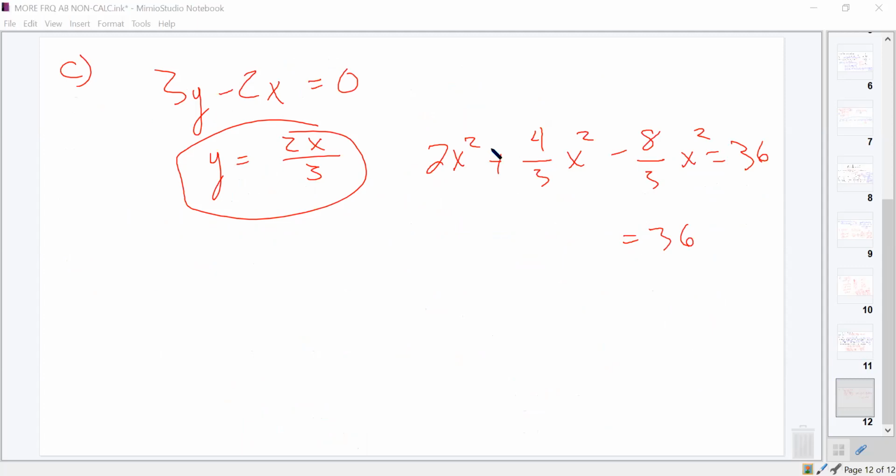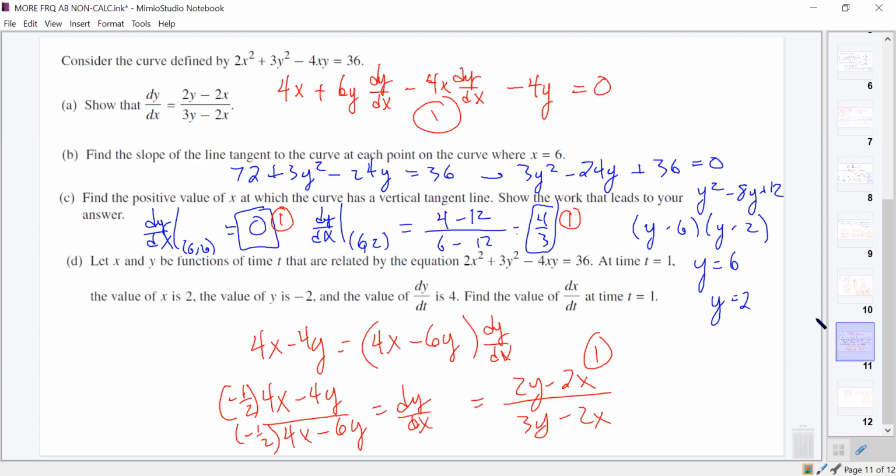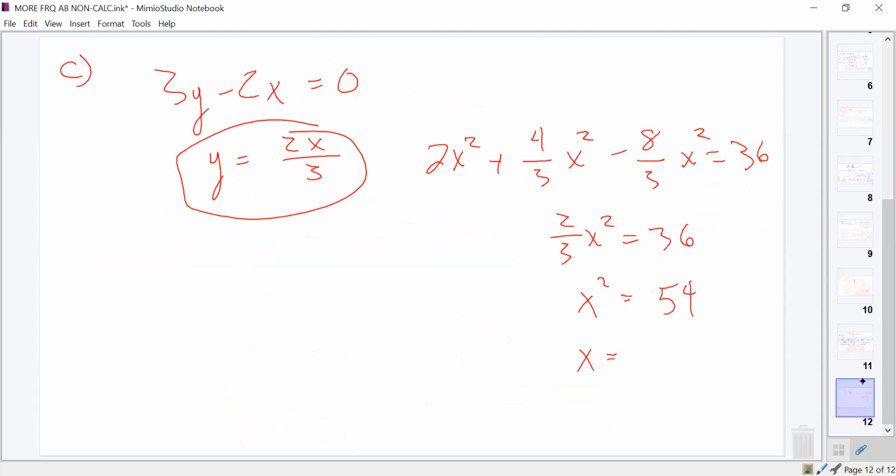All right, so we have 2x squared plus 4/3, so that's 10/3 minus 8/3. So we have 2/3 x squared now. That's better. That gives us x squared equals 54. Or x equals, the positive value of x, so the square root of 54, or 3√6 if you want.